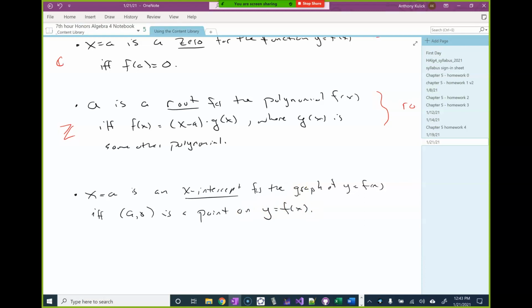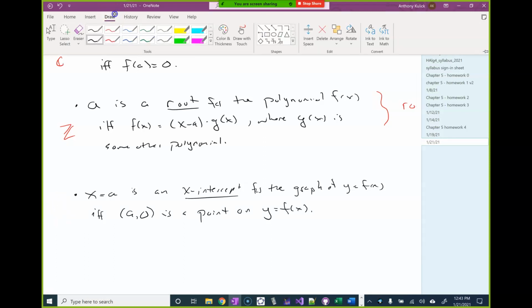So here, when we talk about these a's that are x-intercepts, what kind of numbers can a be? Those a's have to be real numbers, right? If it's a point on the x-axis, it has to be a real number.